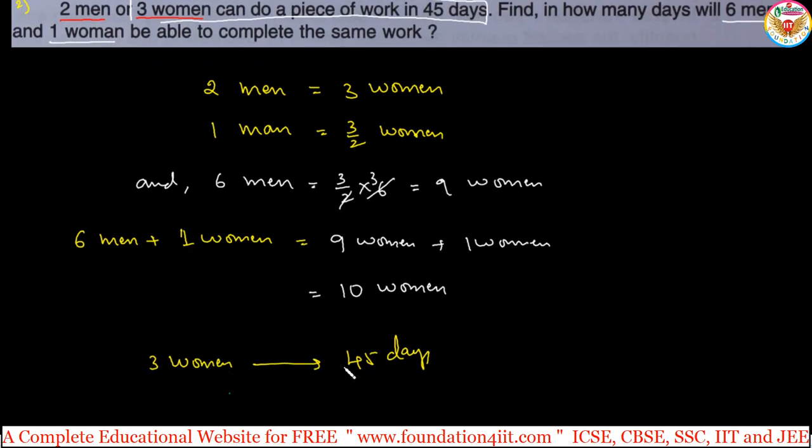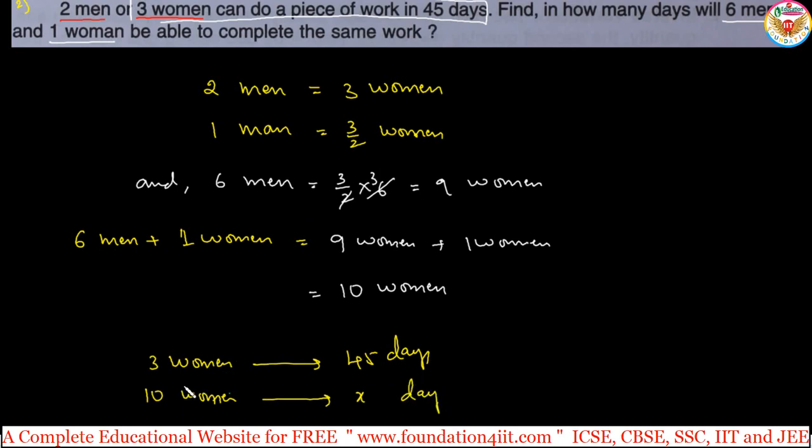So 3 women can do the work in 45 days. From this we have to calculate for 10 women, because 10 women is exactly equal to 6 men and 1 woman. Let it be x days.